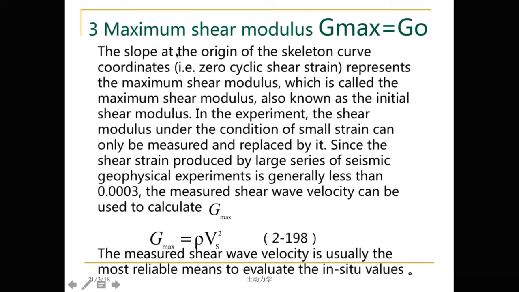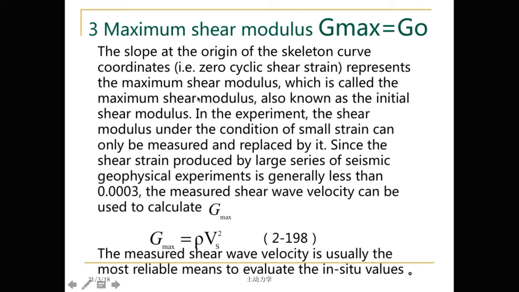Shear strain is 0. It represents the maximum shear modulus, also known as the initial shear modulus, because it is the start point of the backbone curves.